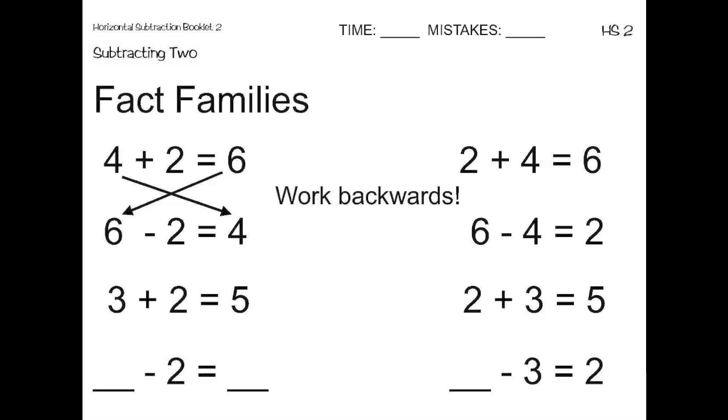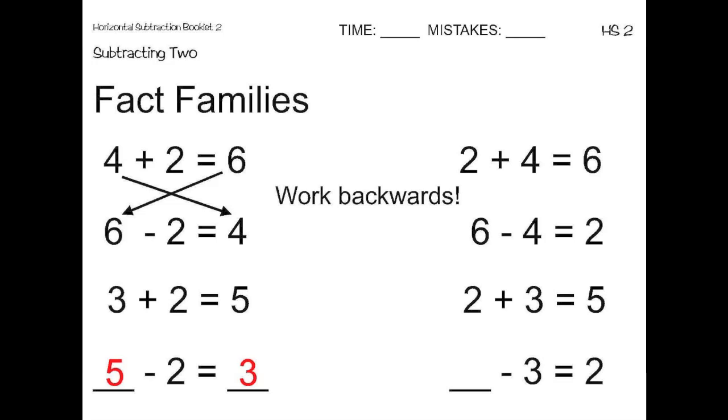So now let's look below that. First we have 3 plus 2 equals 5. Well, once again, if we work backwards, then the 5 that ended the addition problem is going to begin the subtraction problem. So we have 5 minus 2, and then the 3 that began the addition problem is going to end the subtraction problem.